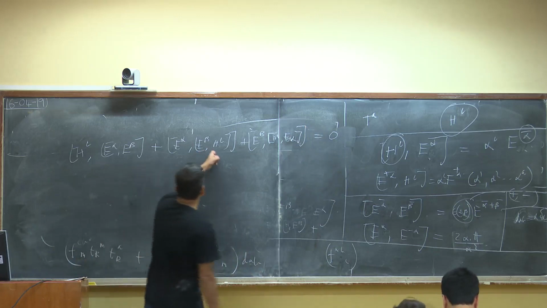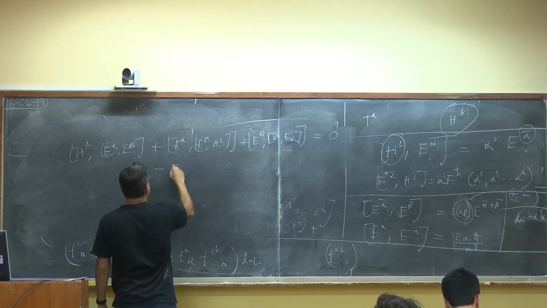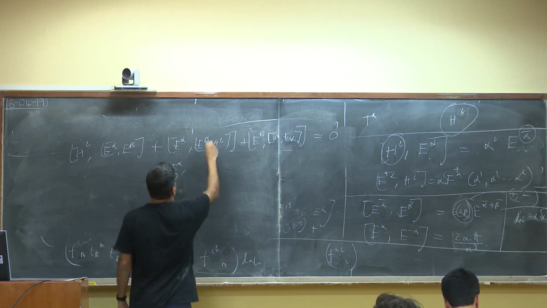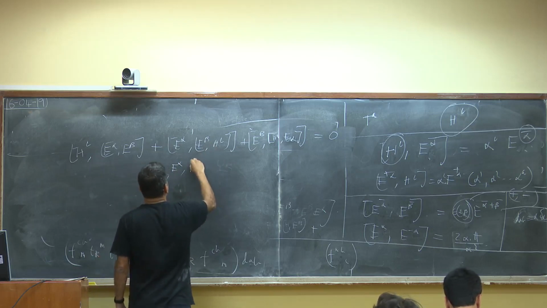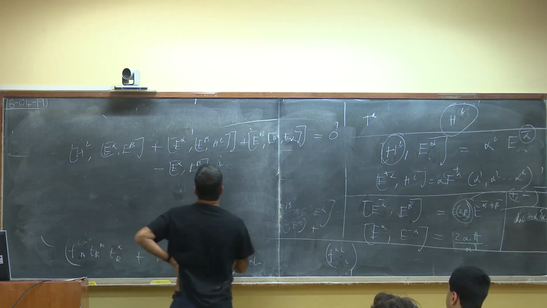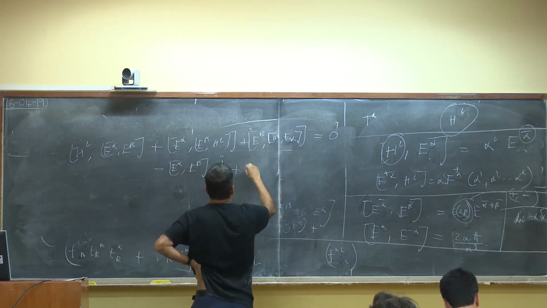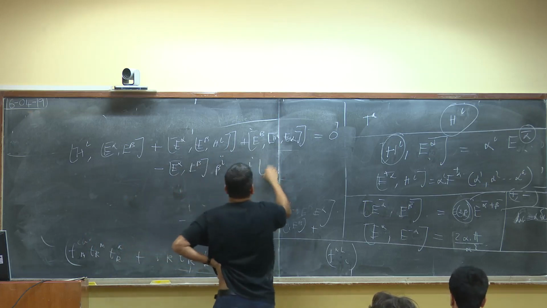But these we can just replace as Indranil wanted. So this is minus E alpha E beta with a beta I, plus alpha I E beta E alpha.